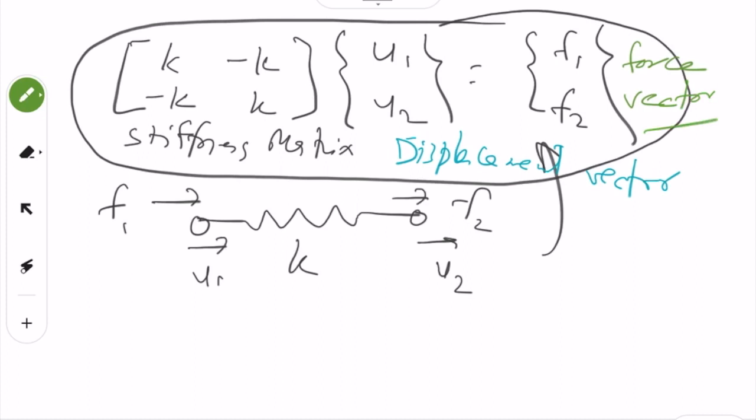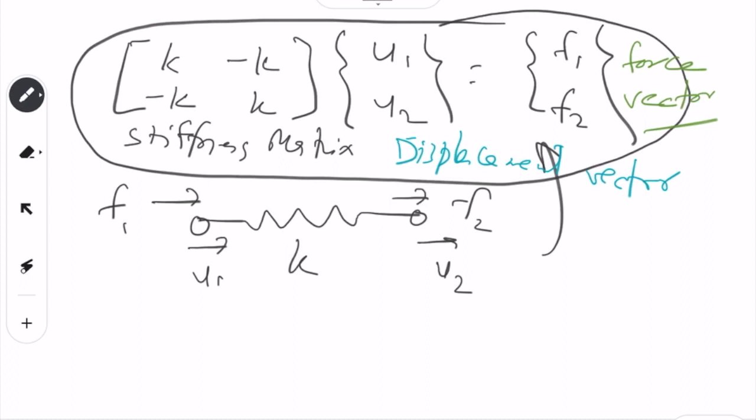Okay. So, we have the stiffness matrix here, this is the displacement vector, this is the force vector. Now we can solve a simple problem.